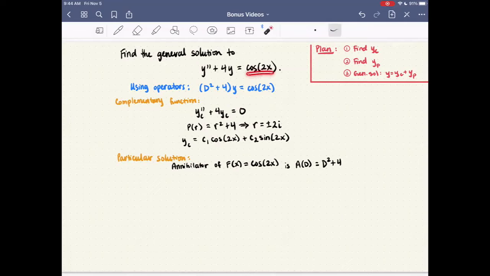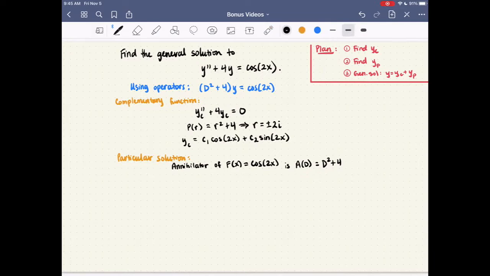So remember, we look at our right-hand side and we ask ourselves, what polynomial differential operator would have given me a term like this in a solution to a homogeneous differential equation? That would mean that I would have had to have a root that was plus or minus 2i. And so the polynomial I'm looking for is D squared plus 4.